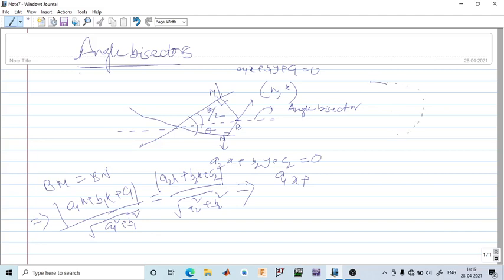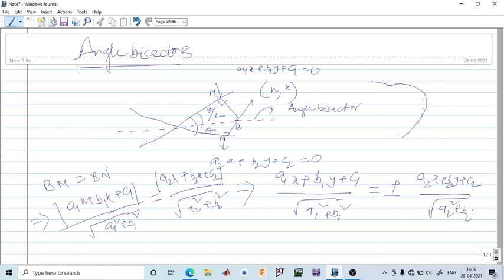This path is known as locus. This is the definition of locus. I am not using mod. Instead of that, I am using plus minus, right? Over root a2 square plus b2 square.